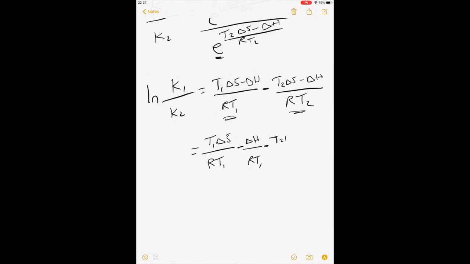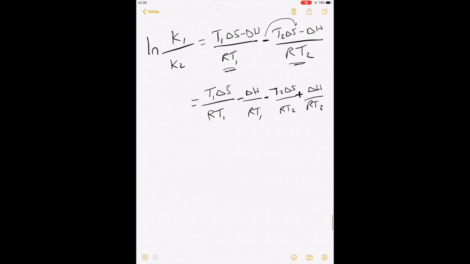Then T2 delta S over RT2, and here you need to be careful because you got a negative going into a negative, so that will change, so it will be positive, so be careful with that part. Delta H over RT2. Now this allowed us to get rid of some parts. So here you can get rid of this, and you can also get rid of that part.